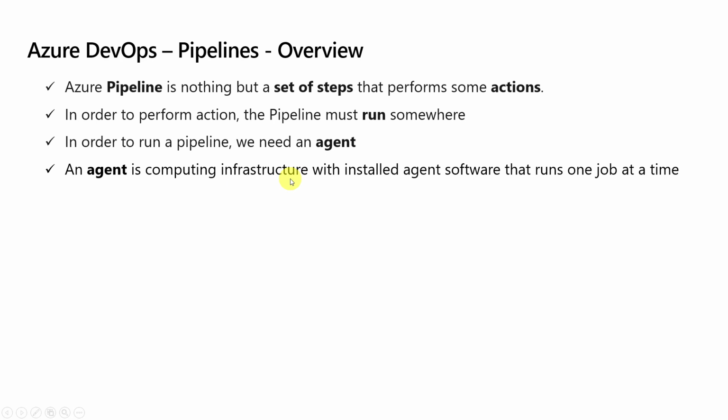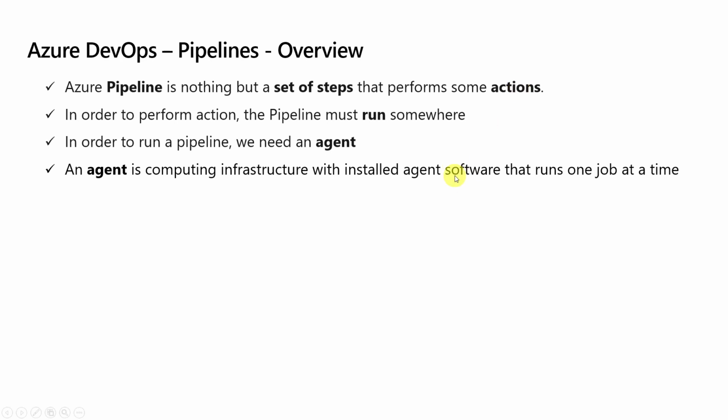An agent is nothing but a server which contains all the software related to the actions. There might be hundreds of actions. These actions might be defined by Microsoft, or by us or somebody else like us.